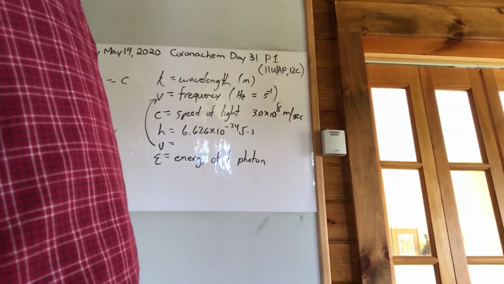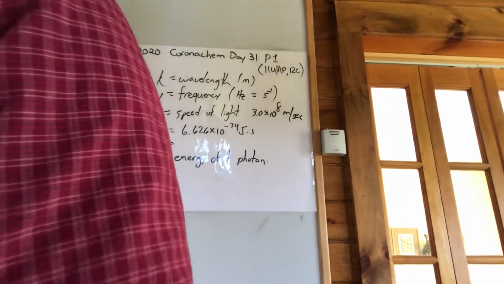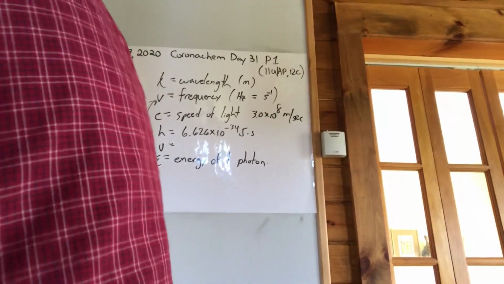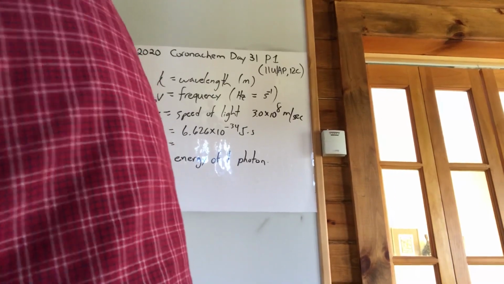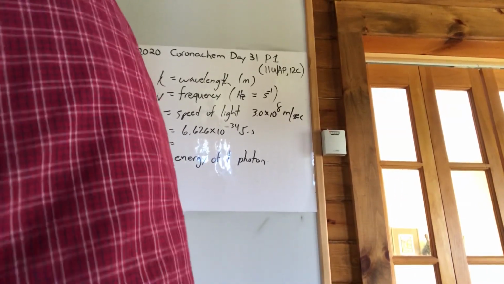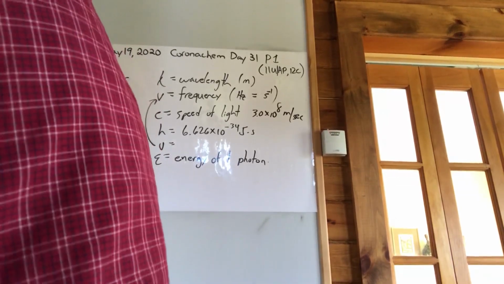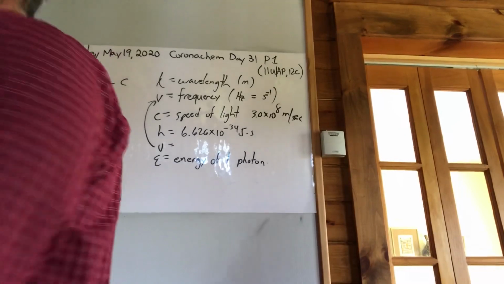Was it the table they were pointing out? No, 8.4. Okay. Table 8.4. Okay, there's the average bond energies. And I'll explain it tomorrow when we go over it.